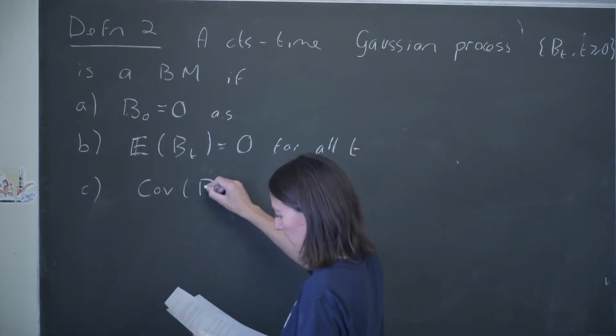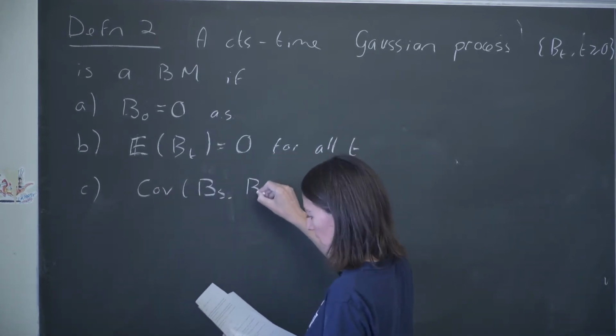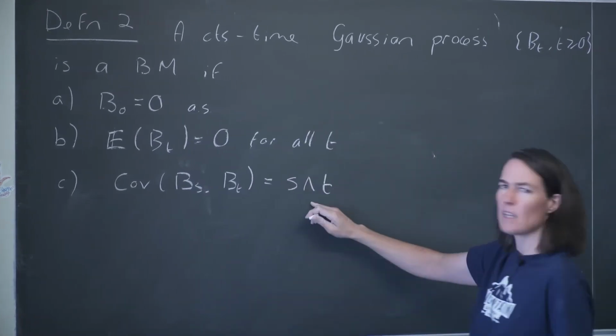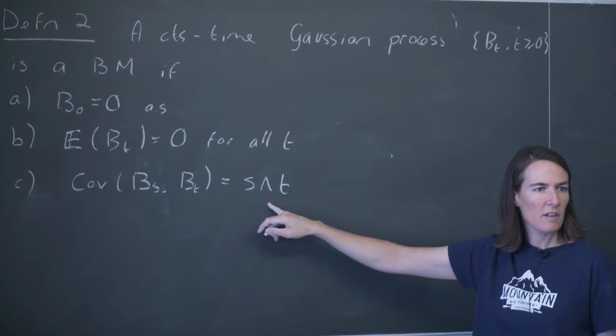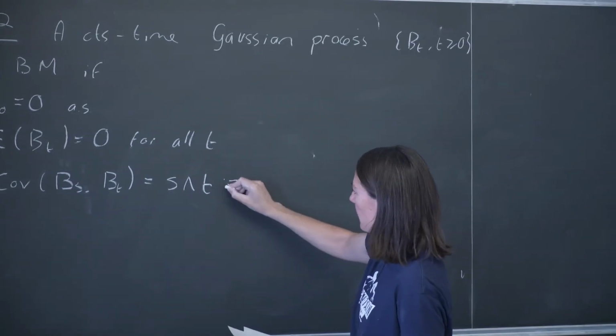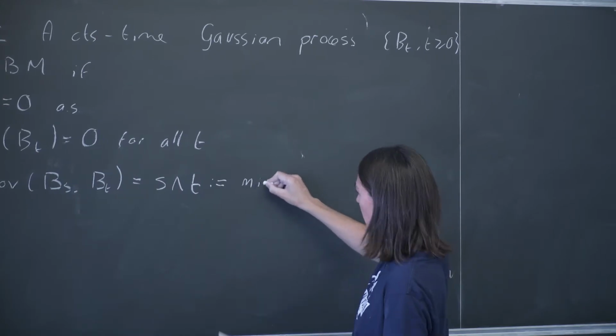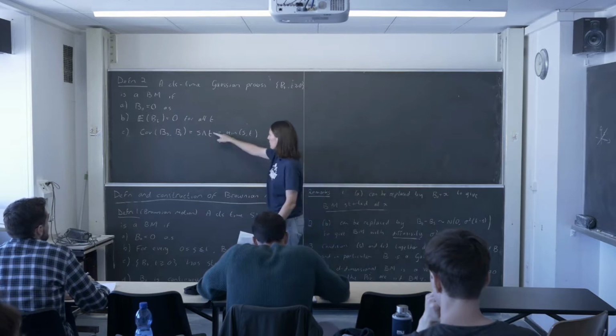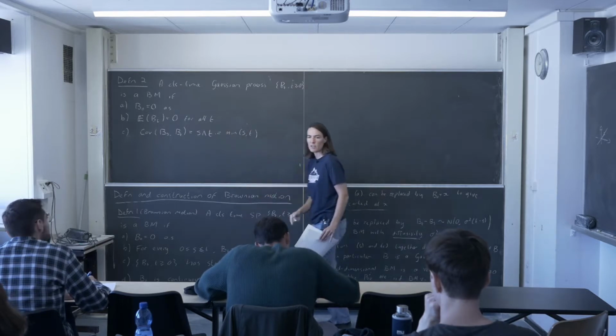covariance of Bs and Bt is equal to the minimum of s and t. Does everyone know this notation? No, okay. So this exactly means the minimum of s and t. And if you want the maximum, you do a sort of V-shape.